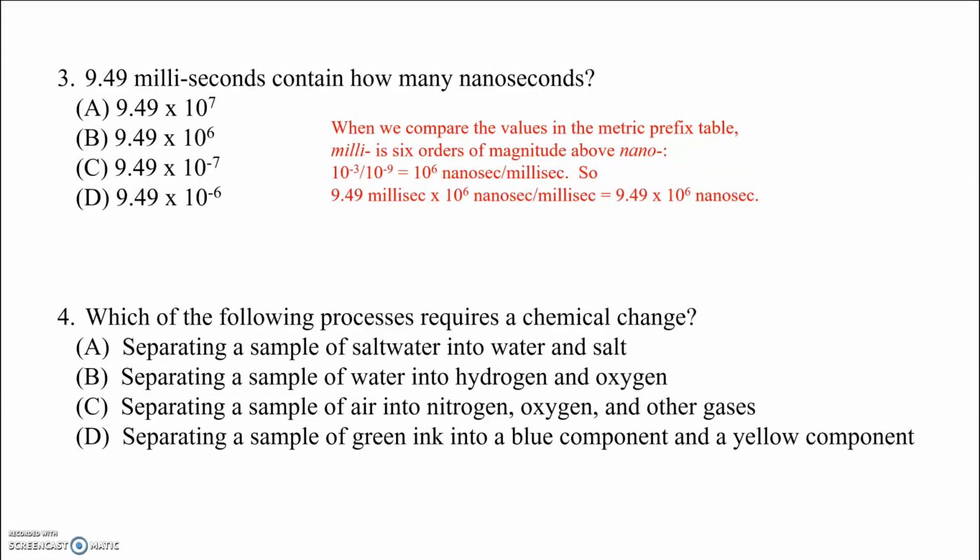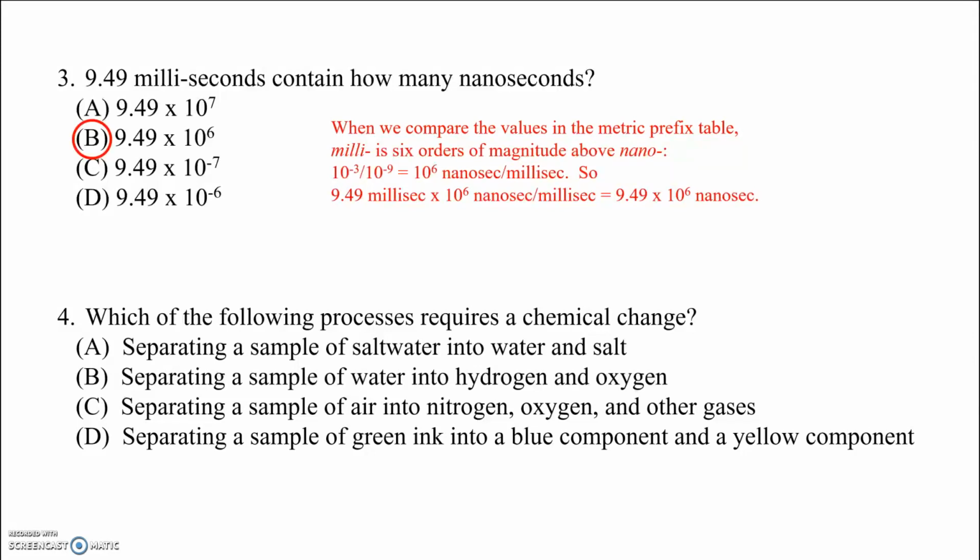So I have 10 to the minus third divided by 10 to the minus ninth, which you should get 10 to the 6th nanoseconds in a millisecond. Now I've got a conversion factor, so I can multiply 9.49 milliseconds times 10 to the 6 nanoseconds per millisecond, and that's going to give me 9.49 times 10 to the 6th nanoseconds. So our answer is B.